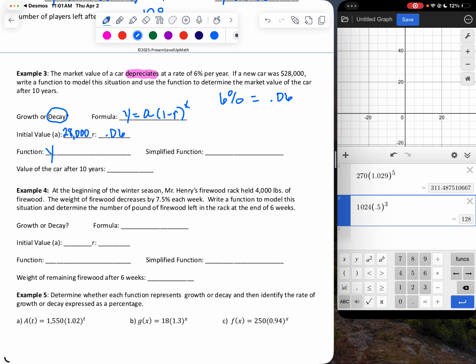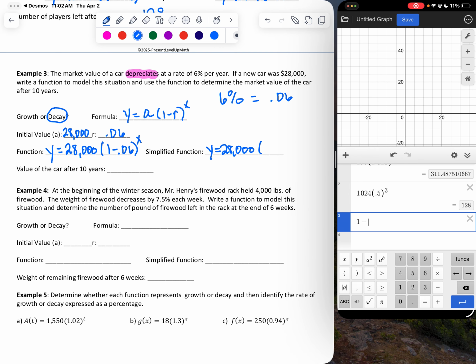So our function is y equals 28,000 times 1 minus 0.06 to the x power. Our simplified function would be y equals 28,000 times 0.94 to the x power.